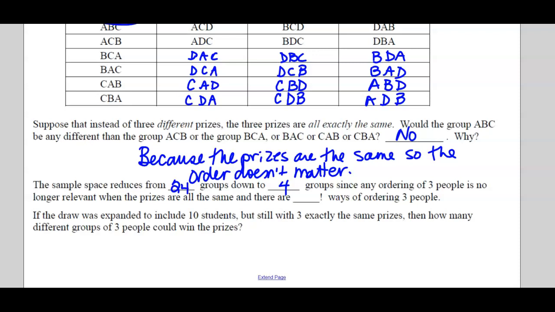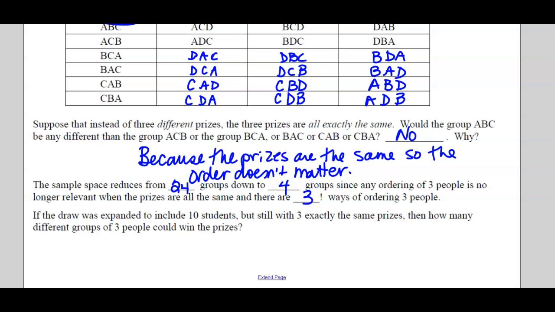Any ordering of 3 people is no longer relevant when the prizes are all the same. And how many ways are there of ordering 3 people? 3 factorial ways, which is 6. So we have 24, and now we're going to divide by 3 factorial, because we're eliminating all of those that are going to have the same result. Okay?